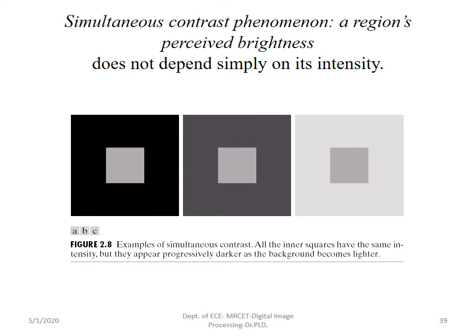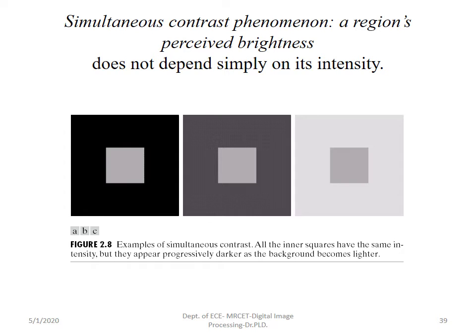In this simultaneous contrast phenomenon, a region's perceived brightness does not depend simply on its intensity. Based on the background, it varies. With this example, you can observe it. Here, with a black background, the foreground appears to be a particular object, white.